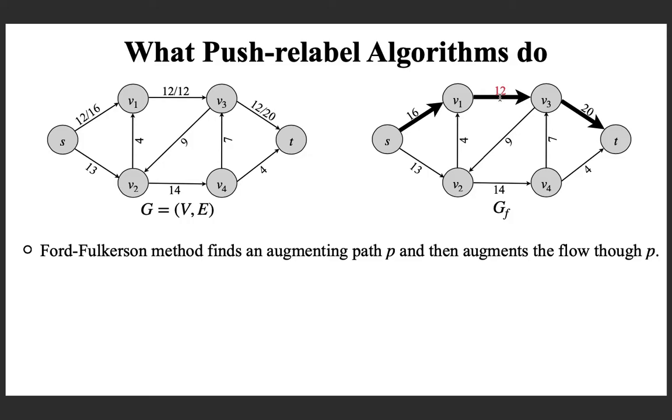We have seen two such algorithms. One is finding an arbitrary path and the other one is finding the shortest path, one of the shortest paths. Now we can see what a push relabel algorithm will do.